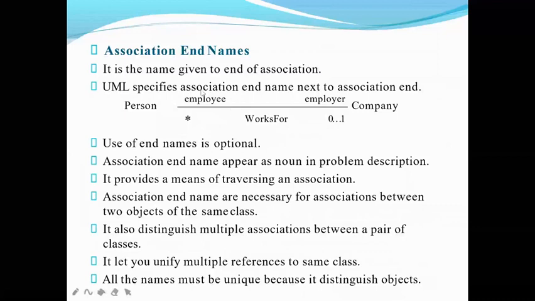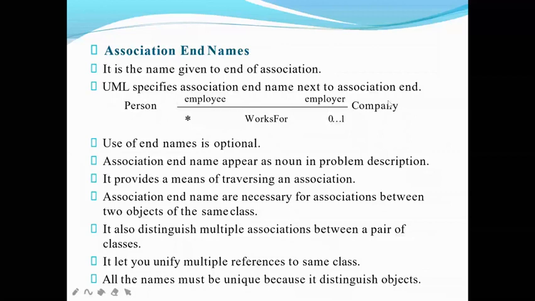UML specifies the association end name next to the association end. So what will happen here? The person is an employee, but an employer for the company. So the person works for the company. Person is your class name, company is another class name.